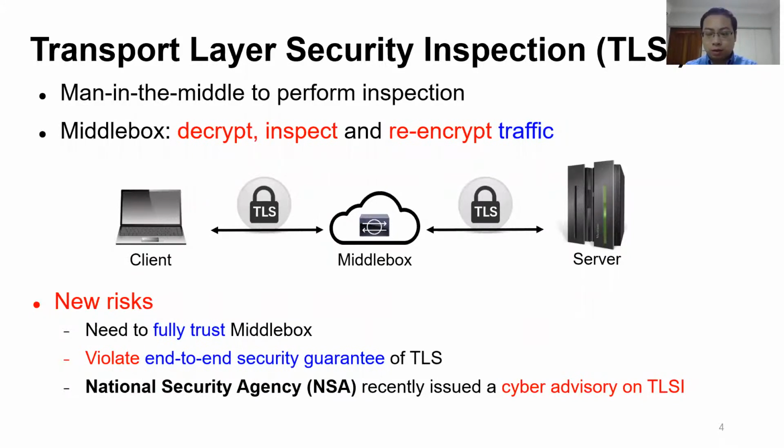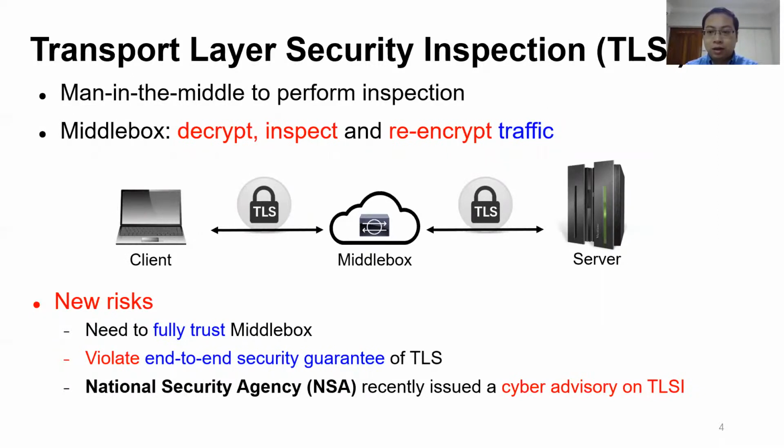To overcome this problem, a practical solution named Transport Layer Security Inspection has been proposed. It is a secure process that allows the Middlebox to decrypt the traffic, inspect the decrypted content for threats, and then re-encrypt the traffic.